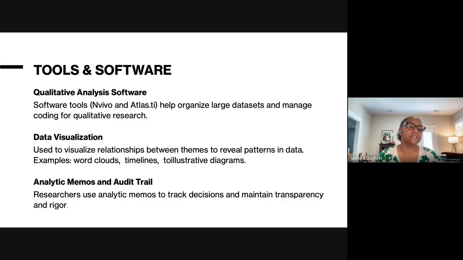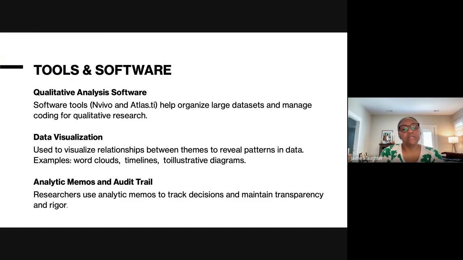So examples of data visualization would be word clouds. You can also use timelines and illustrative diagrams. The other thing that investigators often use when conducting, whether it's interviews or focus groups, is analytic memos and audit trails.